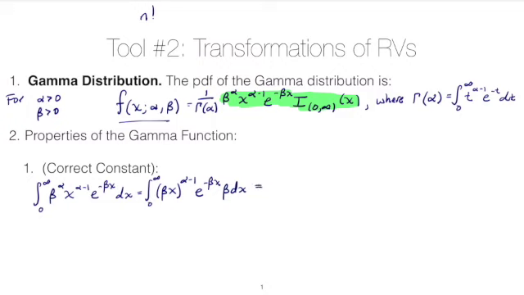So if we let u be equal to beta times x, then du is just beta dx. And if we make the substitution, the integral should be pretty easy.